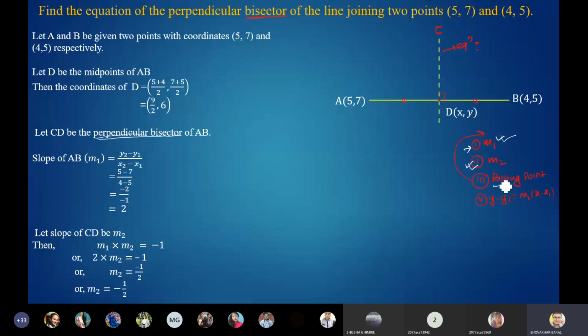So which formula do we need to use now? We have got the passing point of this line, 9/2, 6. And we have the slope of this line also, M2 equals minus 1 by 2. If there is a point and the slope of any straight line, then we can use the point slope form of the straight line.